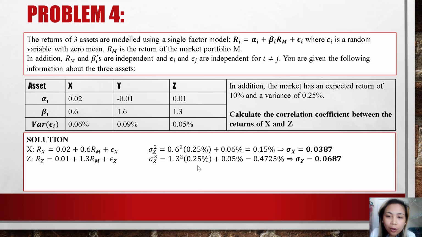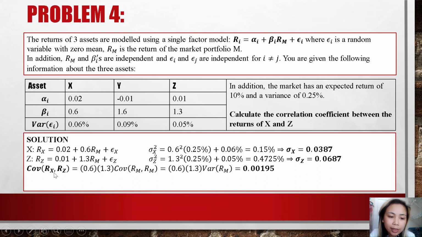Now let's find covariance between x and z. Covariance between Rx and Rz is equal to 0.6 times 1.3 times covariance between Rm and Rm, which is equal to 0.6 times 1.3 times variance of Rm, and the answer is 0.00195.